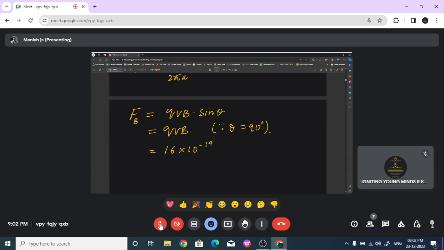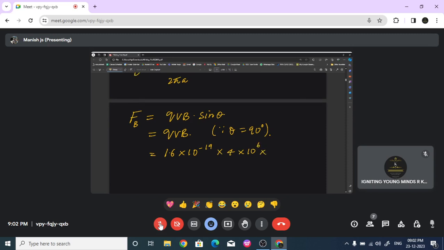So 1.6 times 10 raised to minus 19 into velocity, which was given as 4 into 10 power 6. QV into B, B is also 4 into 10 power minus 6. That's it. Simplify all this.